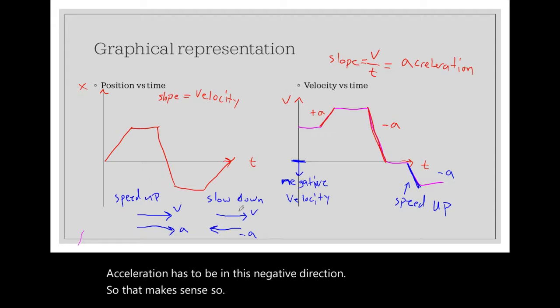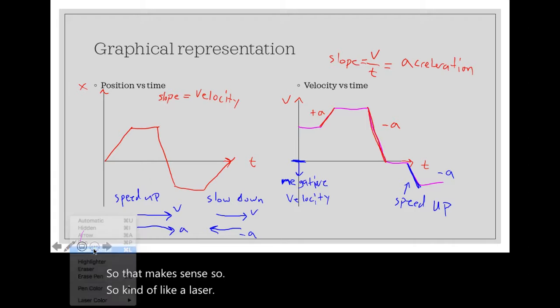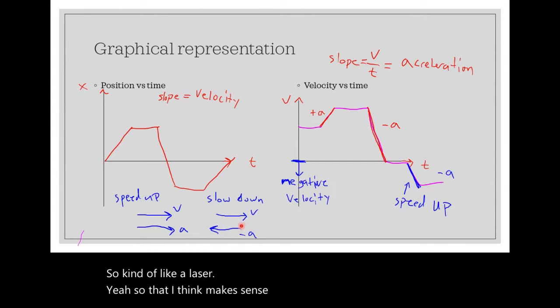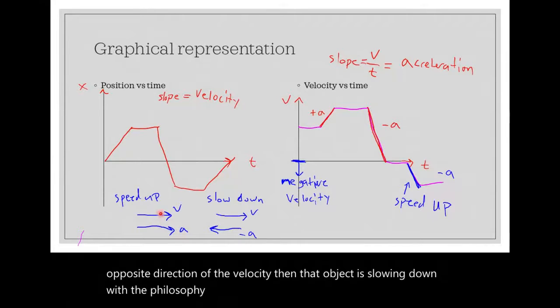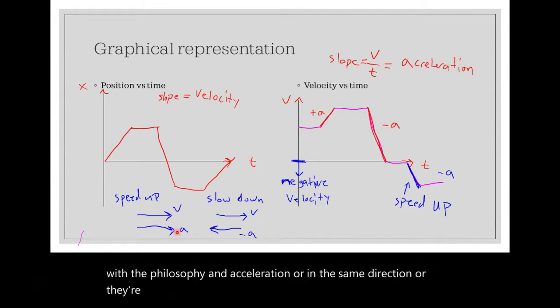Let me see if I got a laser pen. Yeah, so I think that makes sense, right? If the acceleration's in the opposite direction of the velocity, then that object is slowing down. If the velocity and acceleration are in the same direction, or they're both positive, then it's speeding up.